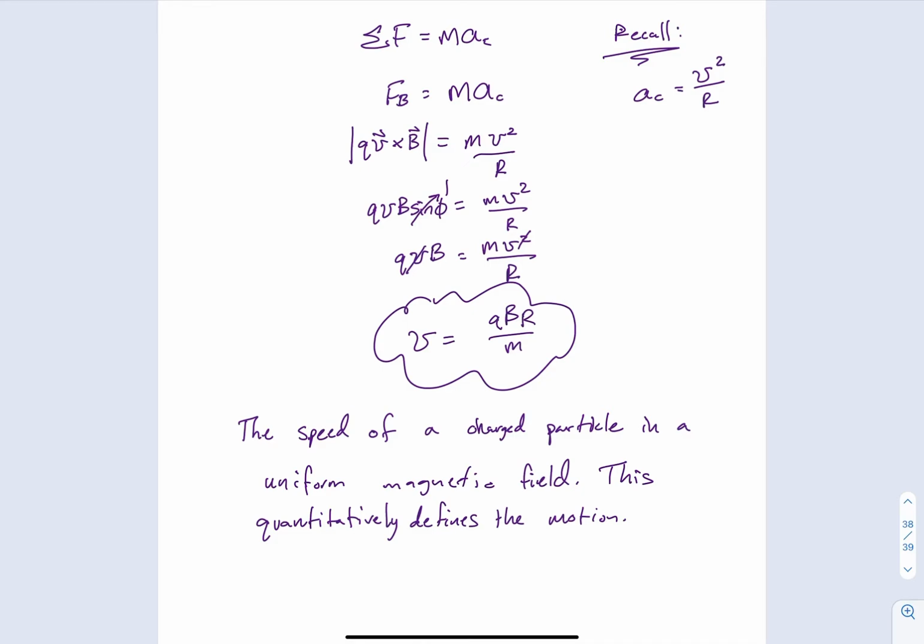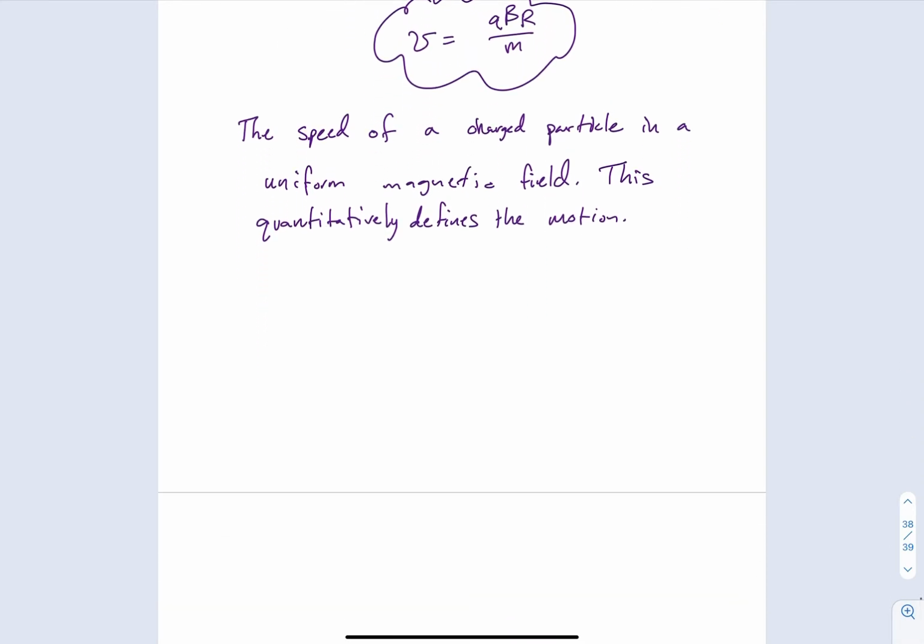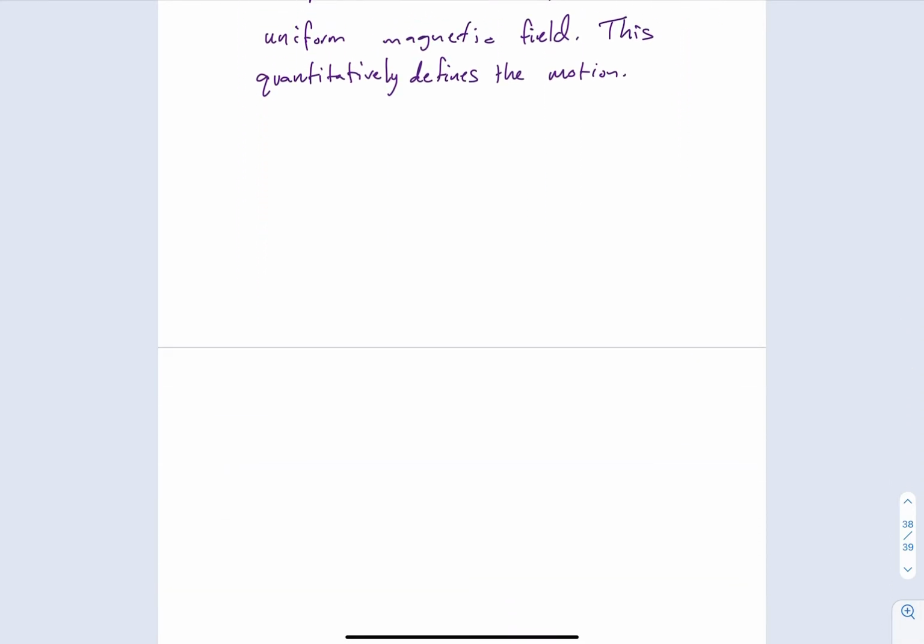Okay, so we're going to shift gears just a little bit. And we're going to look at the magnetic fields produced by currents in specific shapes, namely 3.